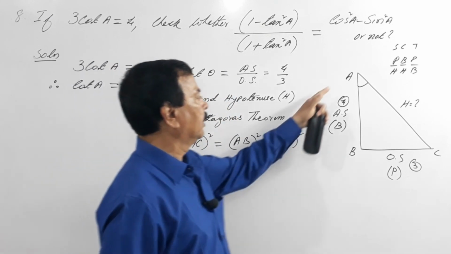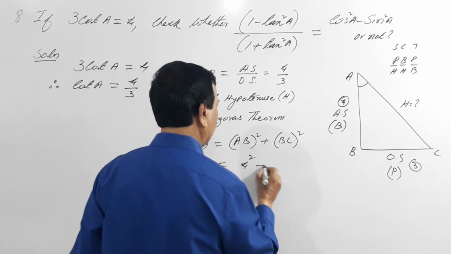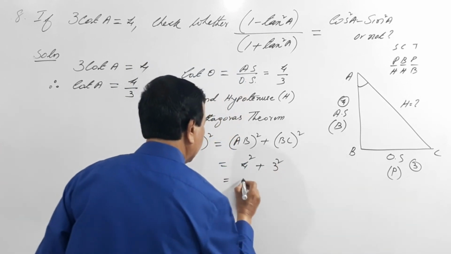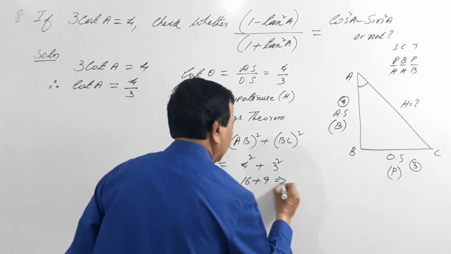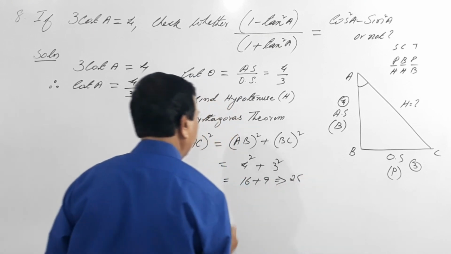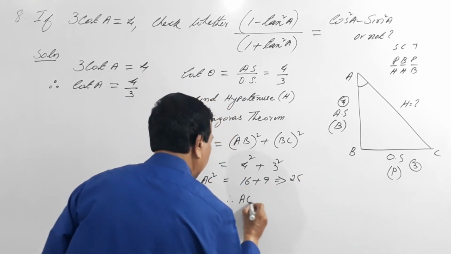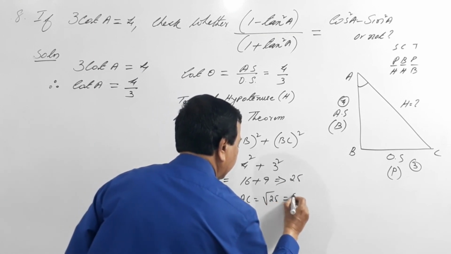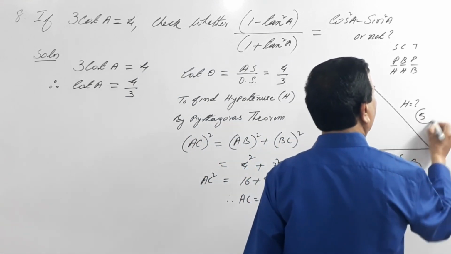So what is AB? AB is 4 square plus BC is 3 square. So this is 16 plus 9, which is nothing but 25. What is this? AC square. Therefore, AC will be square root of 25, that is 5. Therefore, H will be 5.